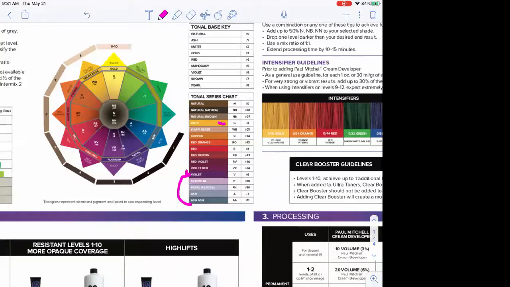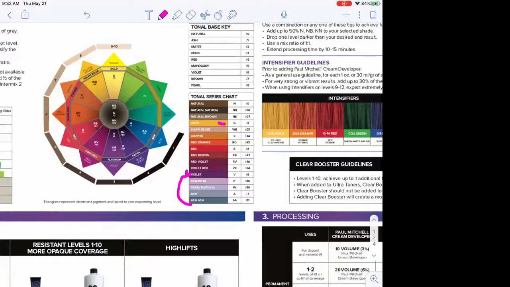So putting a level 9 on it with 5 volume developer is not going to change the hair color in between the highlights, like her natural color, right? So we put the gold on there and let that process for 10 minutes, and we're all looking at it. And if you've ever played with any of the gold series, they're gold, like they're yellow. Like you haven't drunk enough water, pee yellow.